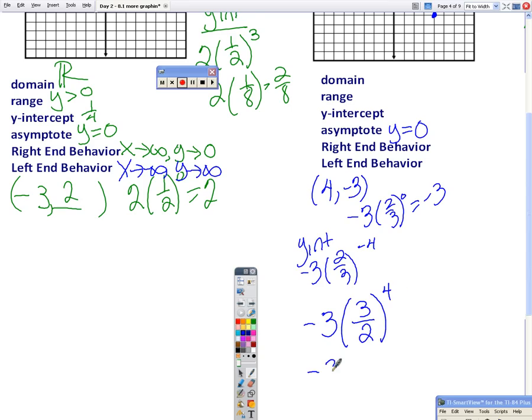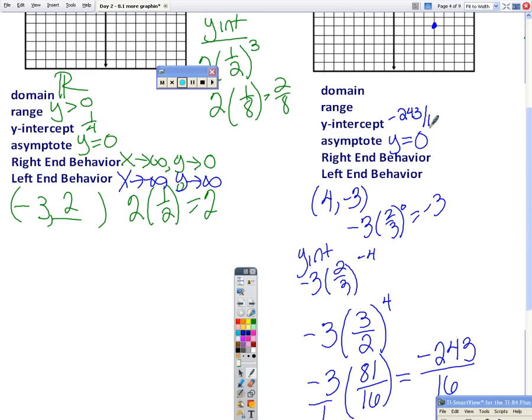And now 3 to the 4th is 81, and 2 to the 4th is 16. This is over 1. So when I multiply across, I get 16 on the bottom, and on the top, it's negative 243. So that's a really negative number that I cannot put on my picture.